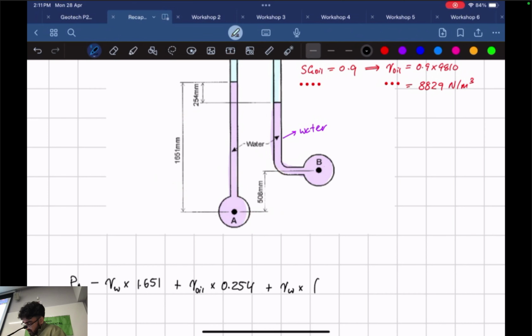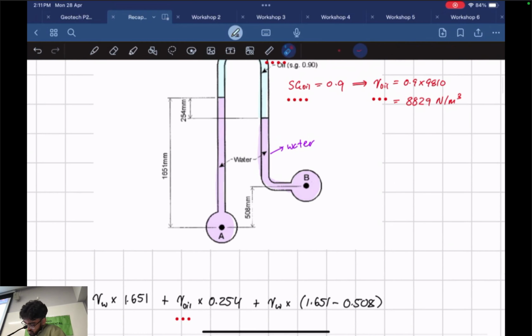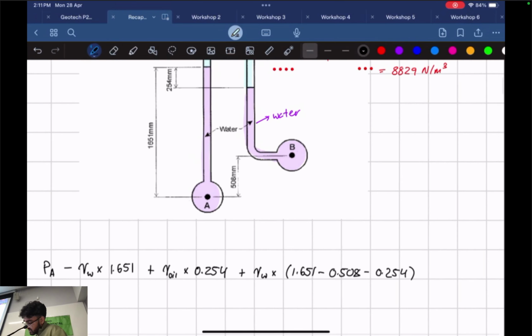So 1.651 minus 0.508, then minus this as well, minus 0.254. And this is equal to our pressure at point B.